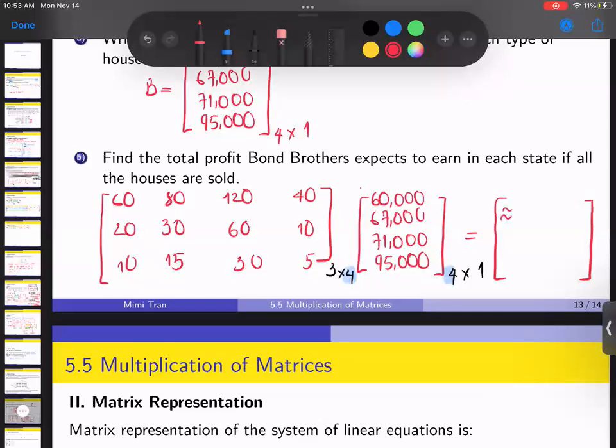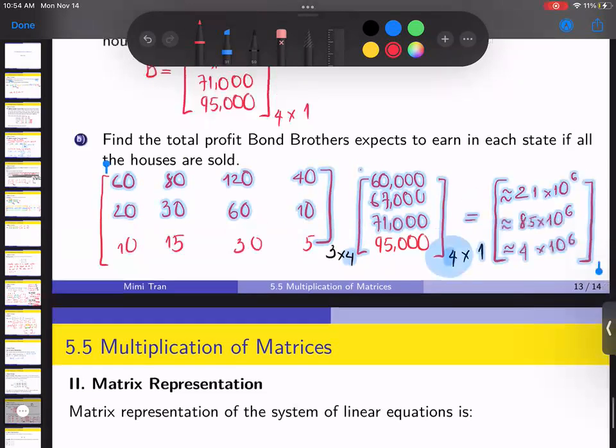I'm just going to say roughly 21 million, 21 times 10 to the 6, and roughly 8 million. Is it 4 million for the last one? All right, something like that. Is it 8.5 something? I don't know, but it's roughly something. I don't want to go back and put in the entries number by number. All right, not the point.